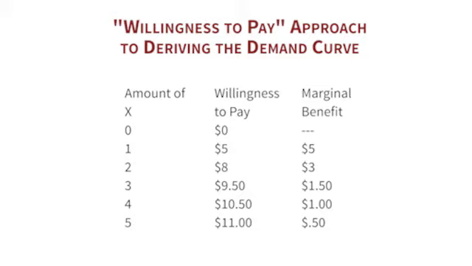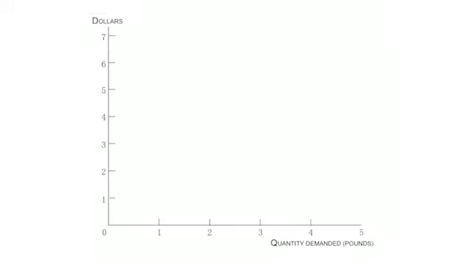And what we're going to see is the demand curve, which we're trying to derive, is really just coming directly from this marginal benefit. And to illustrate that, I'm going to use a graph. And the graph is going to put the quantity on the horizontal axis and dollars on the vertical axis. And I'm going to plot the marginal benefit for different quantities demanded, whether it's X or Y or bananas.